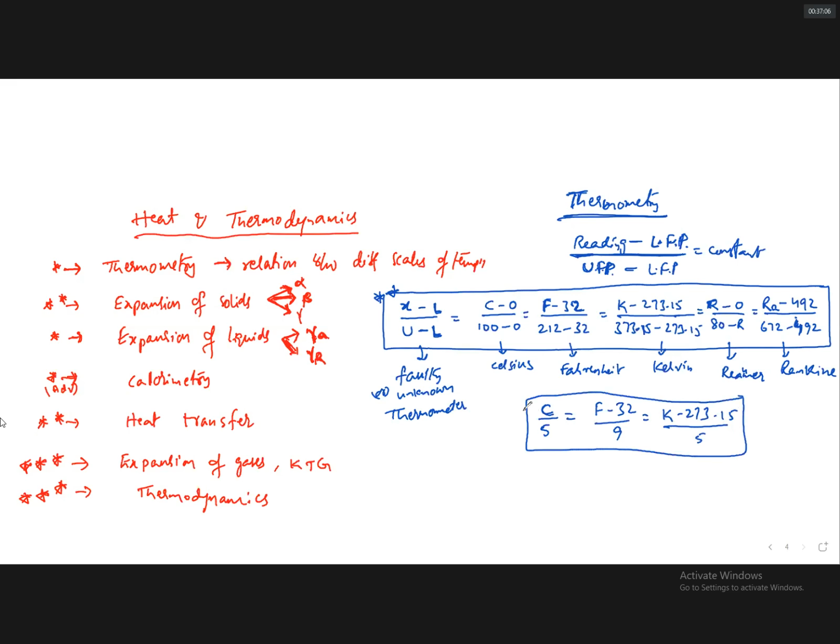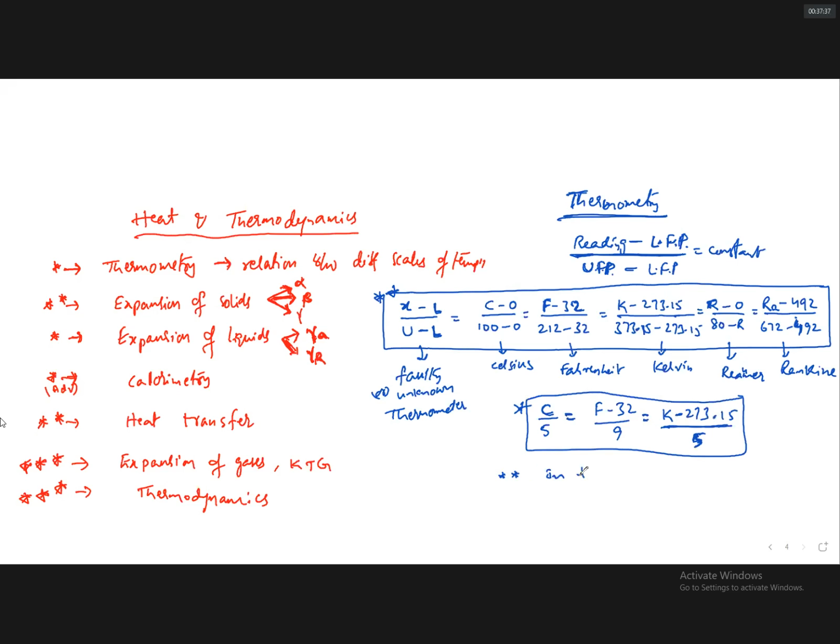While relating these three, we generally use this relation. To convert a Celsius reading into Kelvin, we have to add 273.15.